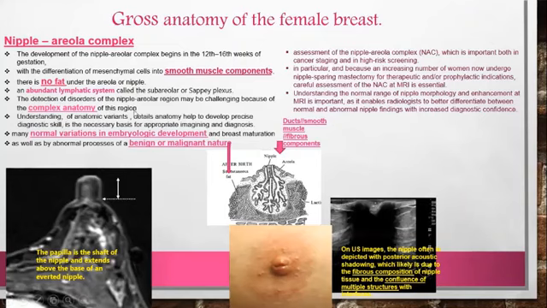Also, the nipple is abundant in lymphatic tissue, which is called the subareolar plexus of Sappey. This also has significance for lesions close to the nipple, or nipple involvement by breast cancer, which readily metastasizes to the lymph nodes.